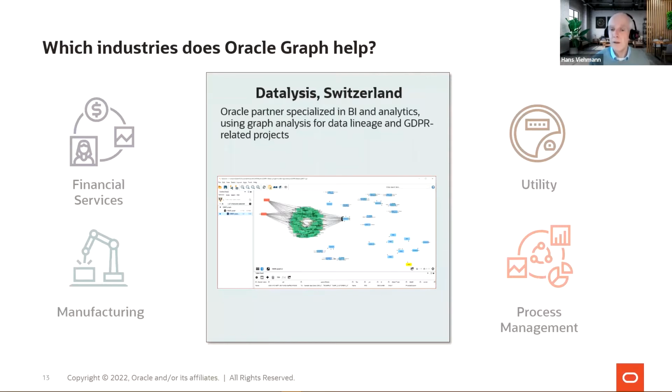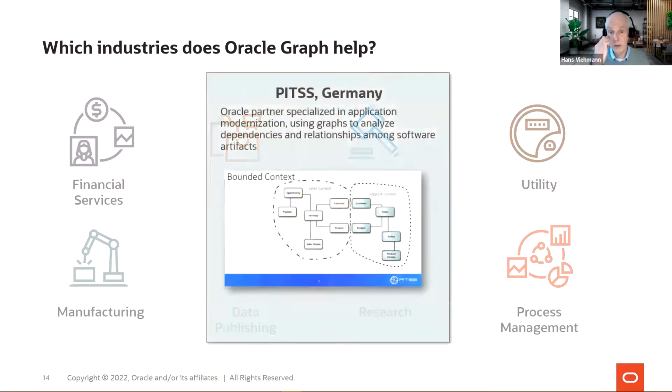Okay, so this is a typical GDPR or generally security related scenario, and the last example I want to share with you is more related to application modernization. Not sure if you've come across an Oracle partner who's been around for a long time called PITS. PITS are particularly good at application modernization, and they're using graph technologies to analyze software artifacts and how they are connected, right?